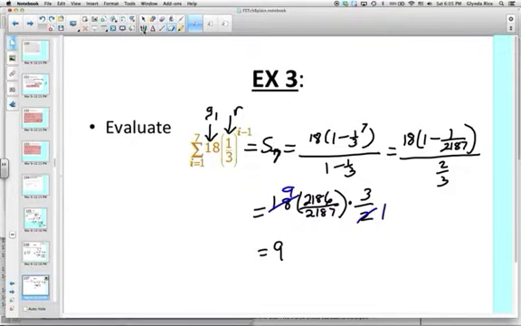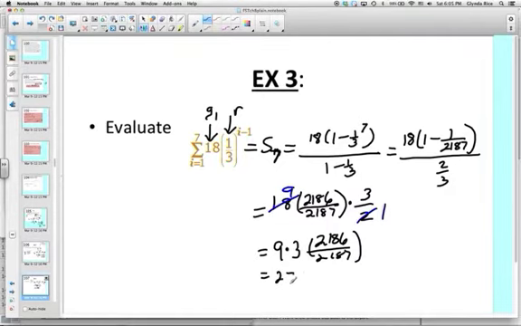I'll write it out. Times 3 times 2186 over 2187. That's 27 times 2186 over 2187, which you see is going to be just about 27. So I go 27 times 2186 divided by 2187.